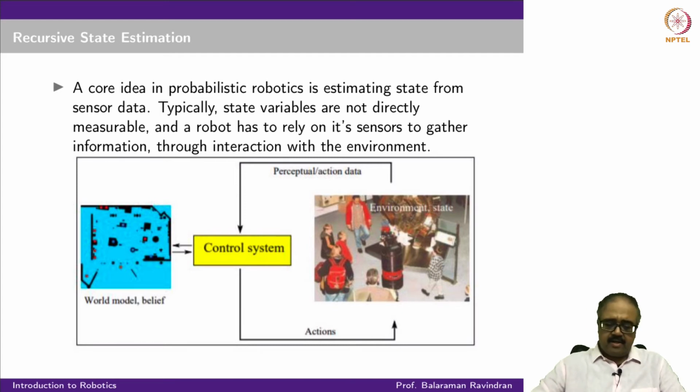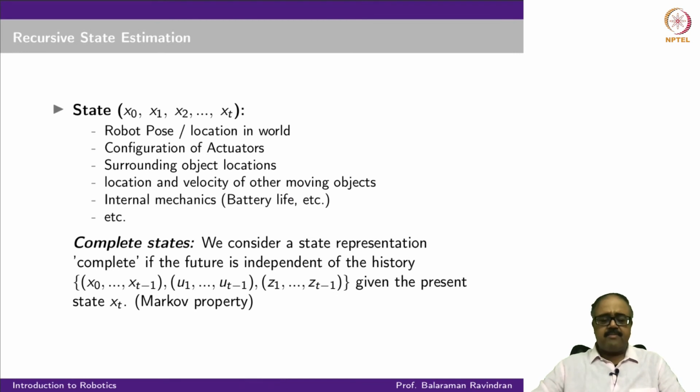And so, moving on, let's try to make this a little bit more formal in the next few slides, and then we'll go to the next lecture for the actual algorithms for estimating this.